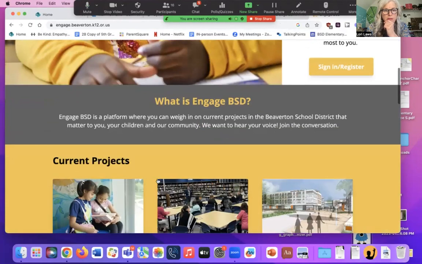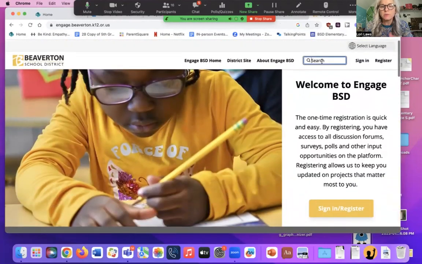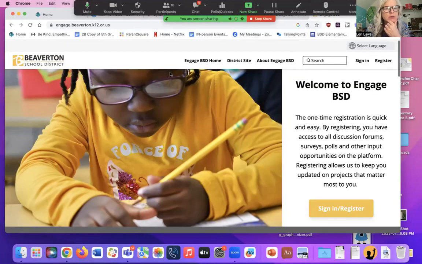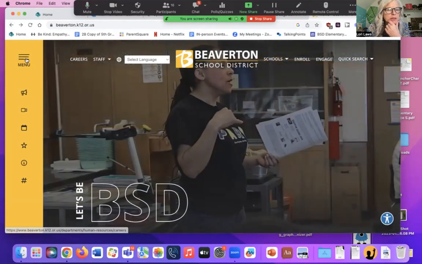No. No, that's not it. After I said it's really easy, here, volunteer background. Oops. Like Vivi's mom was able to be there because she did the background check. It's not coming up. Oh, after I told you it was super easy, of course we can't find it. Let's go back here and see, where is it?